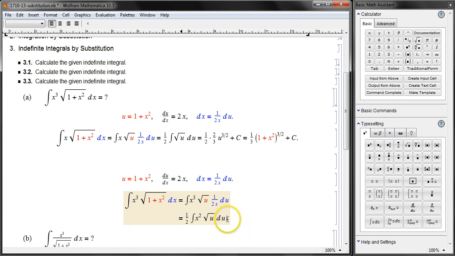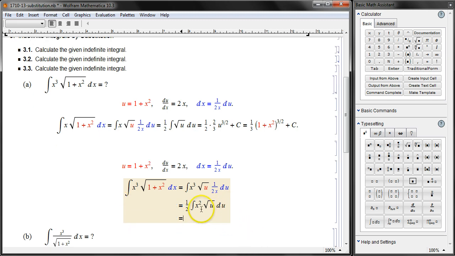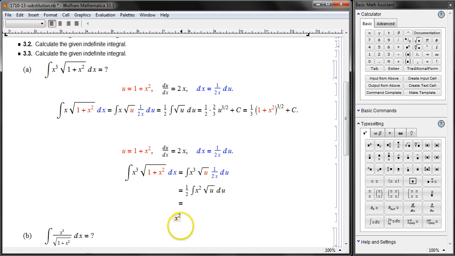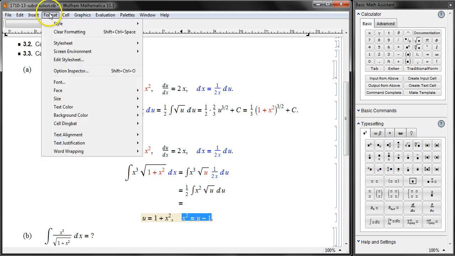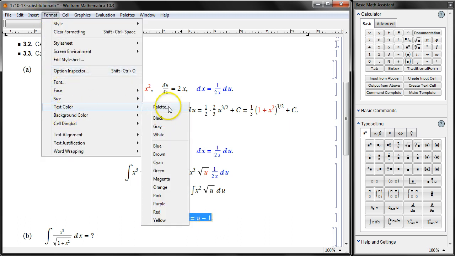How do I handle this problem? Well, let's go back to the original substitution. u equals 1 plus x squared, isn't it? From here, you get x squared equals u minus 1. And let's emphasize this in a different color.